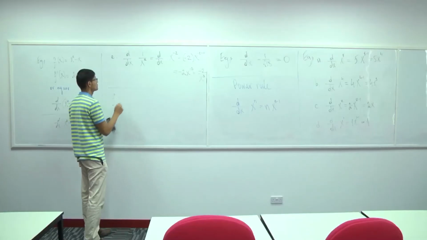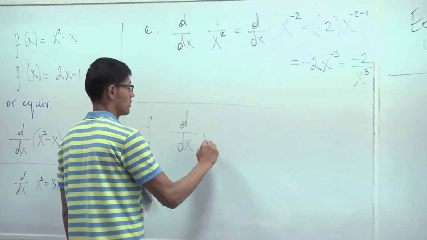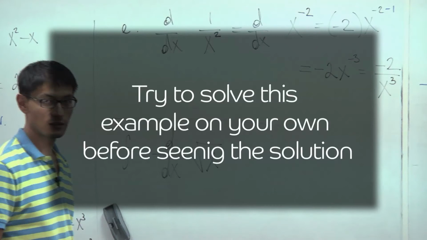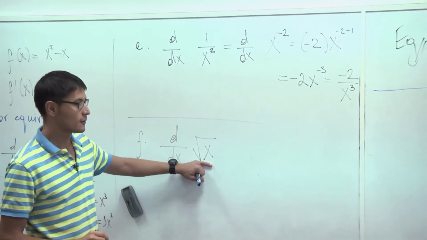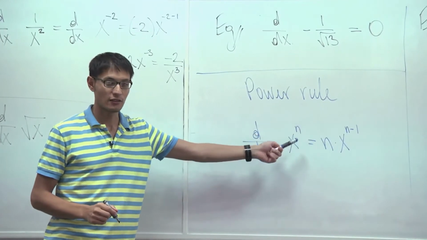For the power rule, let's say you want to find the derivative of square root of x. Again, square root of x is not given in the form x to the n, okay?